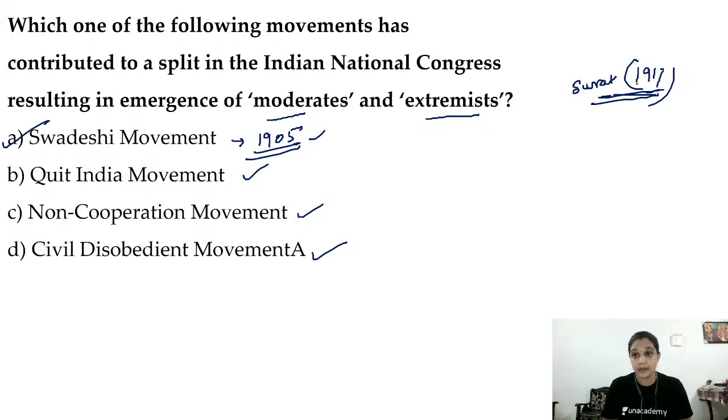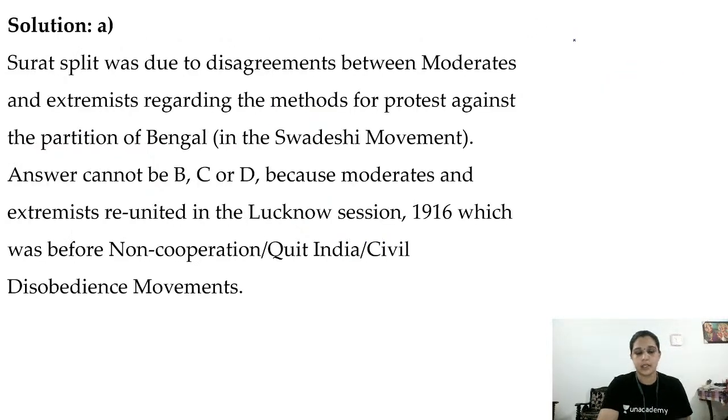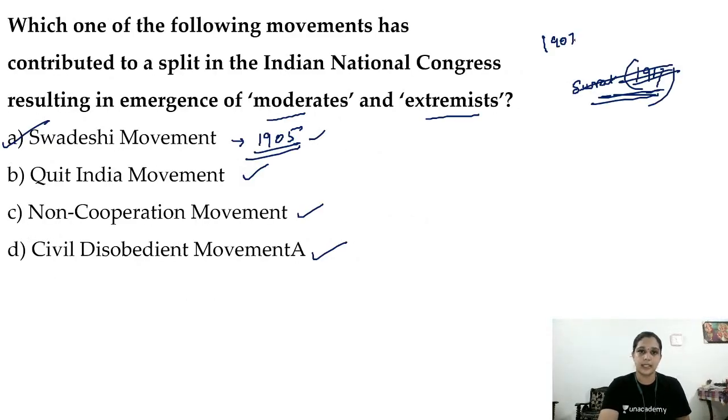Sorry. I'm really sorry. 1917 is Lucknow Pact. Surat split took place in 1907. I'm really sorry. Okay, yes. Lucknow session is 1916, Surat split is 1907. So Swadeshi movement took place in 1905 in Bengal, partition of Bengal itself, and then came in 1907 the Surat split. In 1916 the Lucknow Pact came, in which they both joined.